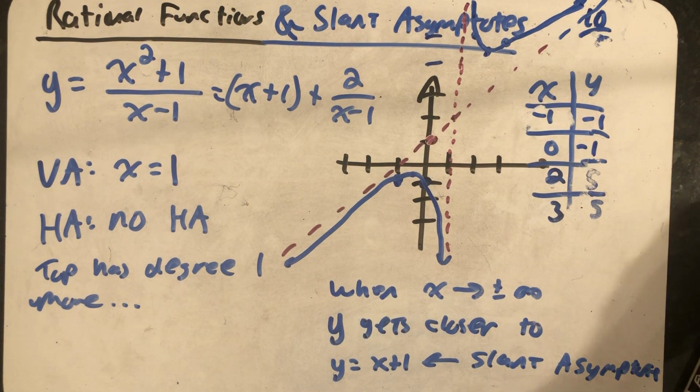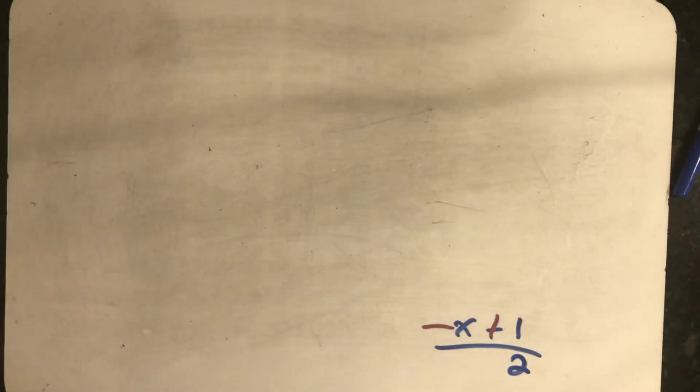All right, how do we find slant asymptotes? We do the division, and the quotient is our slant asymptote.